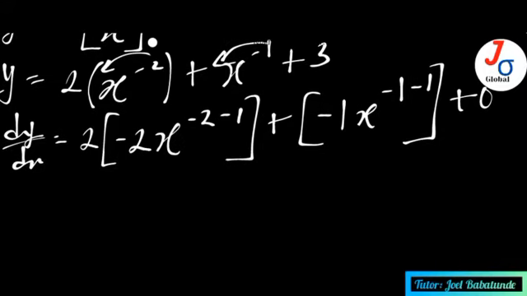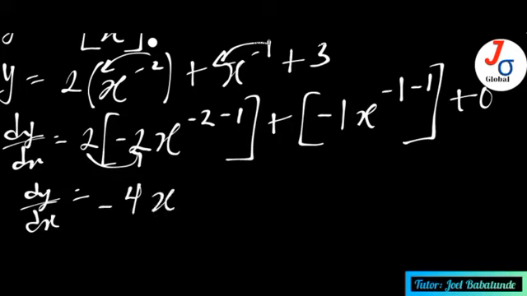And so I have dy/dx is equal to 2 times minus 2, you have minus 4x to the power of minus 3. Then plus, minus times minus 1, what do you get? You get minus 1, x to the power of minus 1 minus 1, you have minus 2, plus 0.